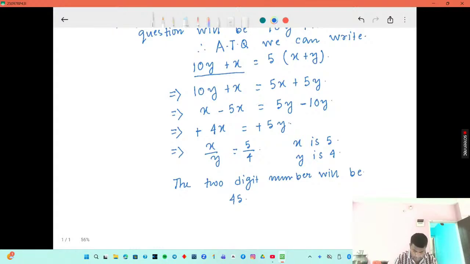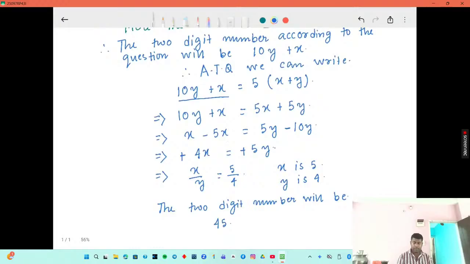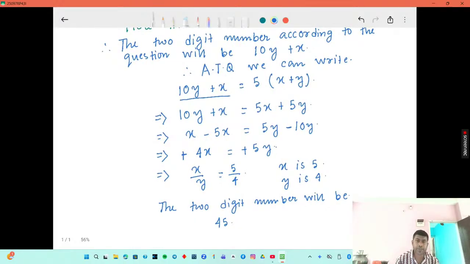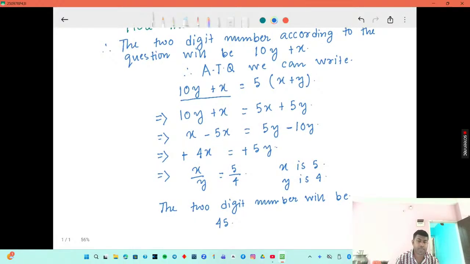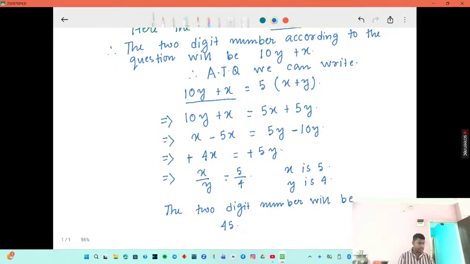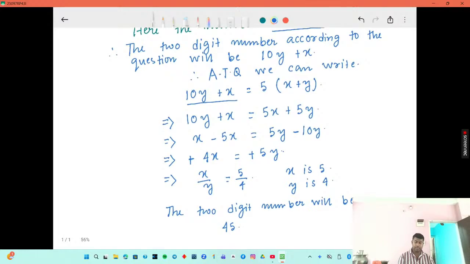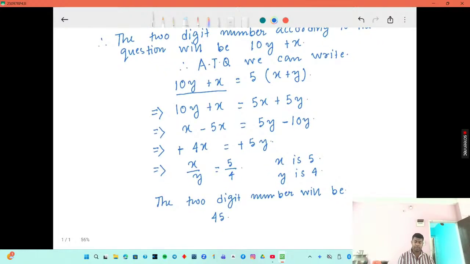So now you can see that here the two digit number is 45, and what is the sum of the two digits? The sum of the two digits is 9, and when we multiply the sum 9 with 5, then what is the value? The value of the number which is coming is 45. So now you can see that we have cross checked with the question, and the two digit number 45 is correct. Okay, so this will be the answer of this question.